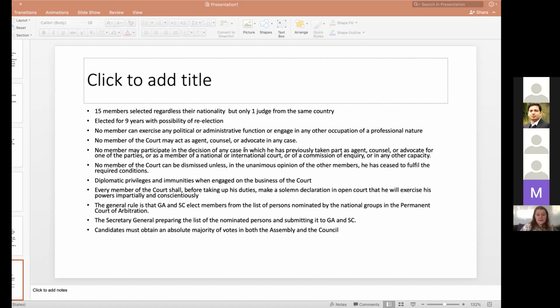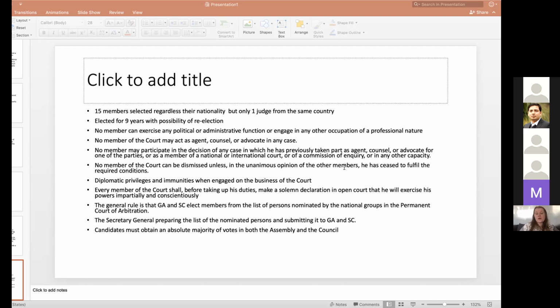No member can exercise any political or administrative function or engage in any other occupation of a professional nature. No member of the court might act as an agent, consul, or advocate in any case. No member can participate in the decision of any case in which he has previously taken part as an agent, consul, or advocate for one of the parties, or as a member of a national or international court, commission of inquiry, or in any other capacity.